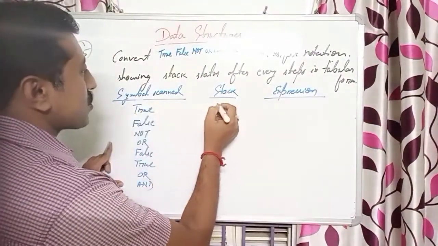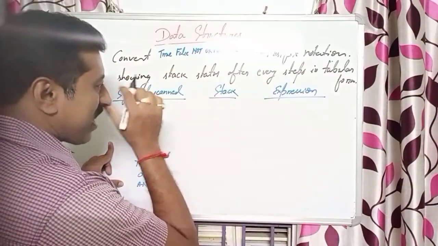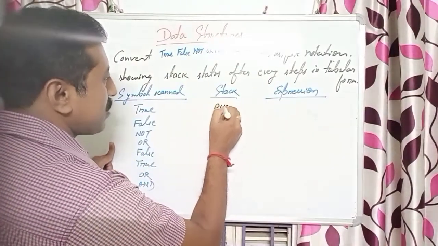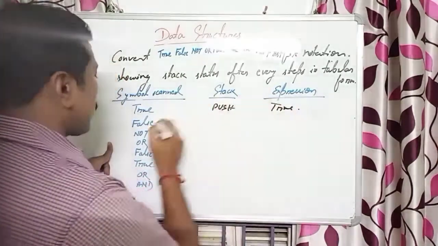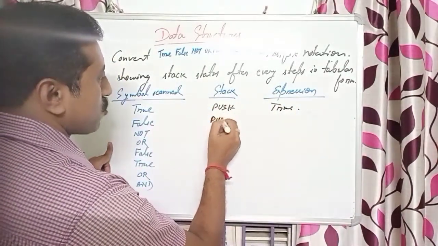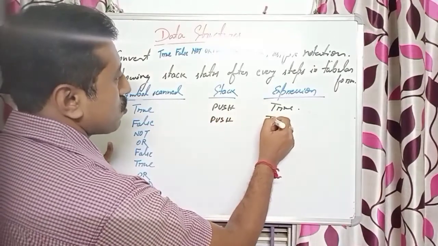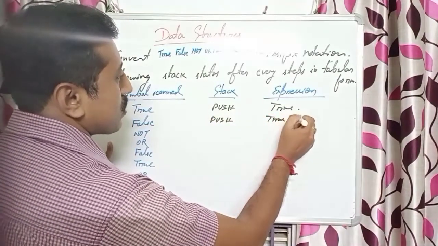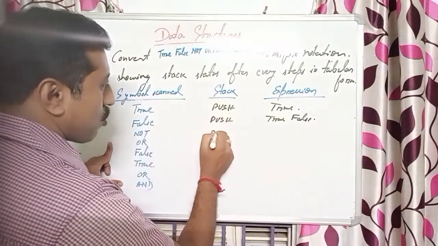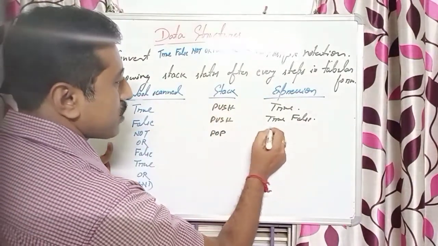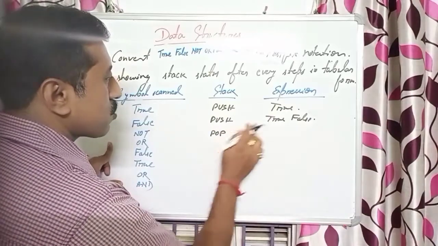So true is given, so on the stack this is a value coming, that means push operation, so true comes. Next false is there, that is also push, so it will be true and after that false. Then the not operator is coming, that is pop.